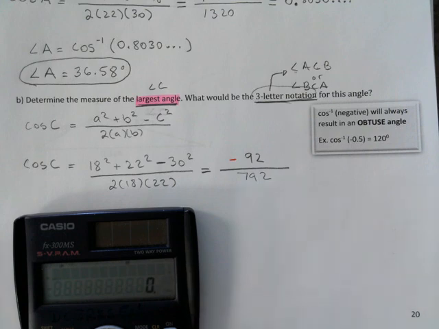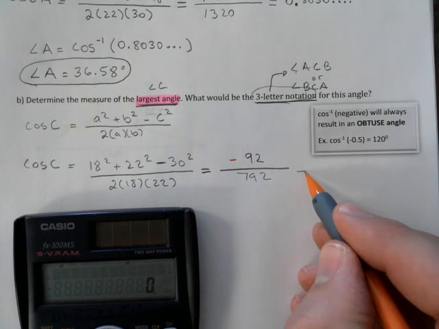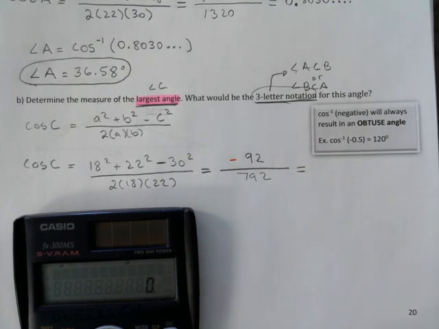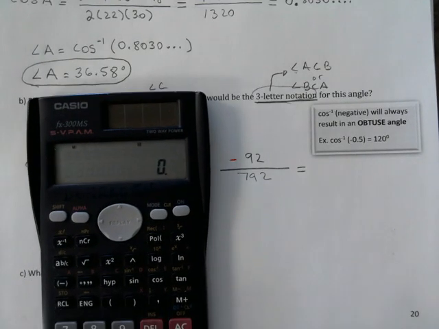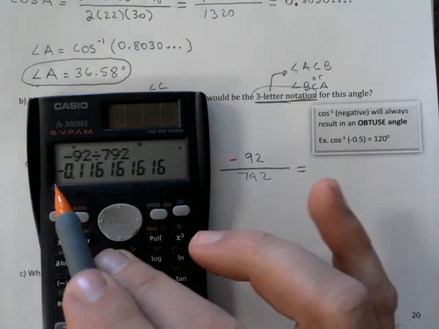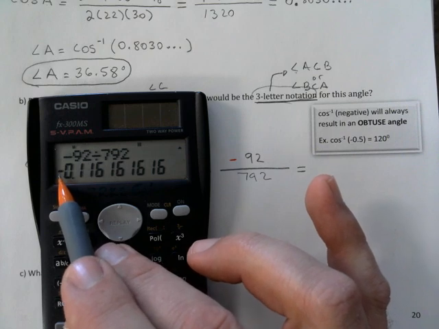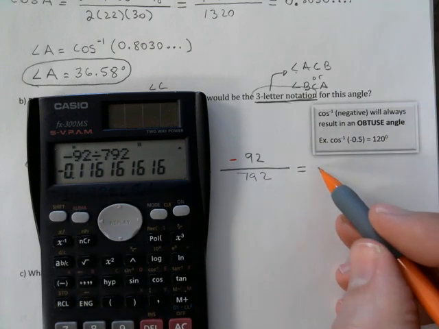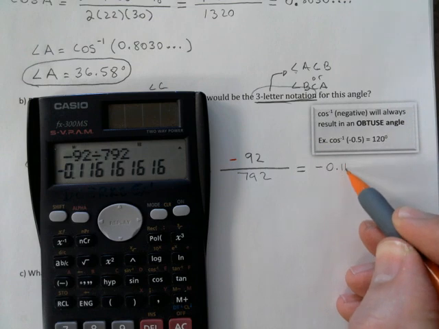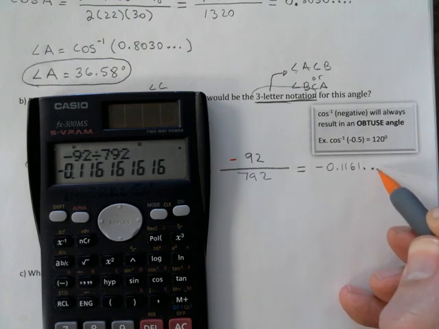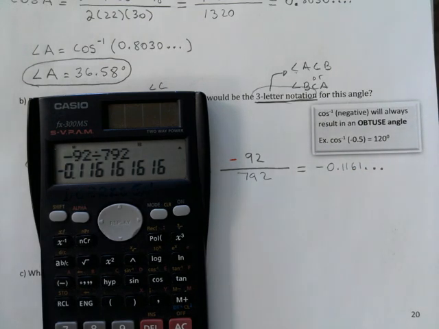So now, watch what I'm going to do. I'm going to get a decimal out of this. On my calculator, I can go minus 92 divided by 792, and my decimal is negative as well. You're seeing that, right? So it's negative 0.1161. It keeps going. I will highlight all the negatives later, okay?